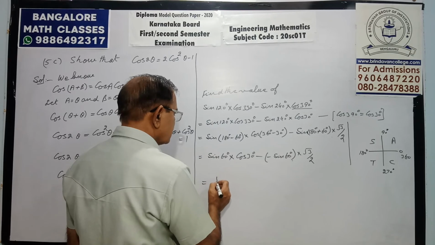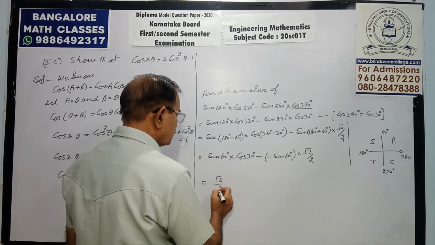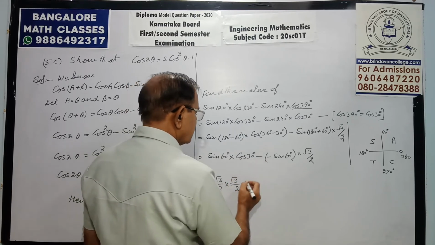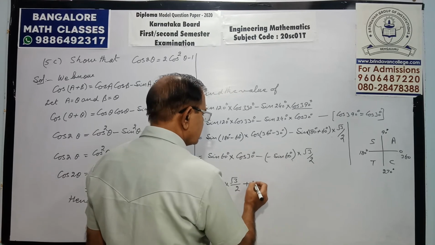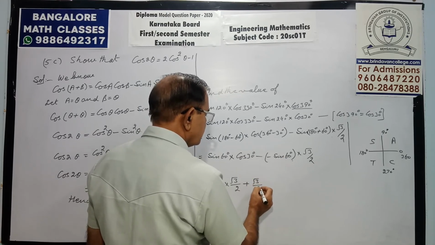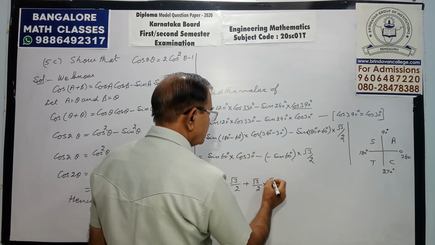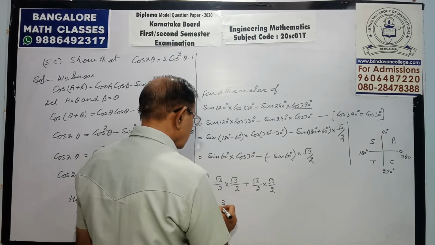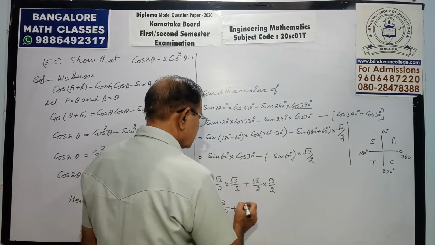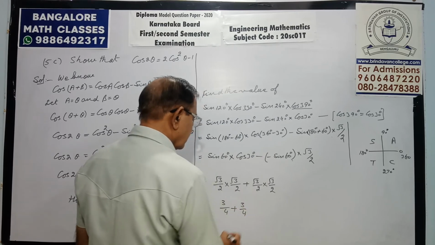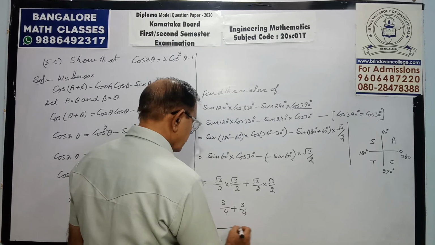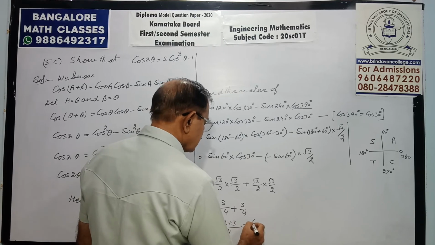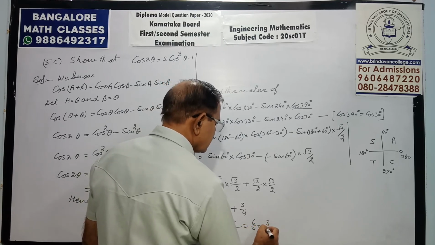Then sin 60 root 3 by 2, cos 30 root 3 by 2, minus minus plus sin 60 root 3 by 2 into root 3 by 2. Thus we are getting 3 by 4 plus 3 by 4. Thus 4 LCM, 3 plus 3, 6 by 4, thus 3 by 2.